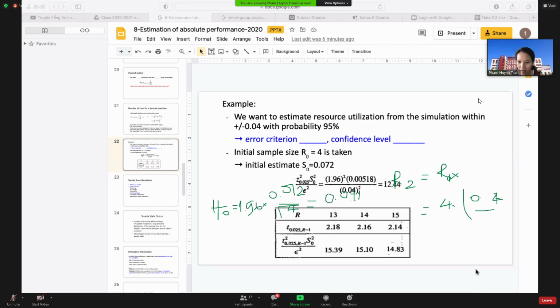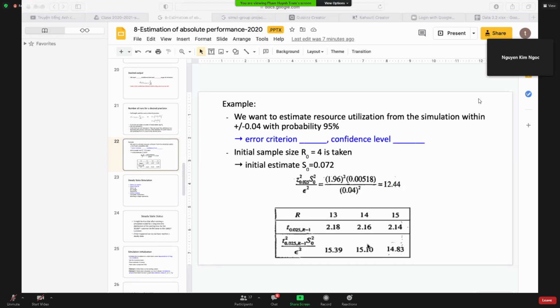Okay. Oh, all right, I can use my iPad again. Oh, not this one. All right, so basically we would have the new number of replication would be 4 multiplied by the ratio 0.07 divided by 0.04, squared.